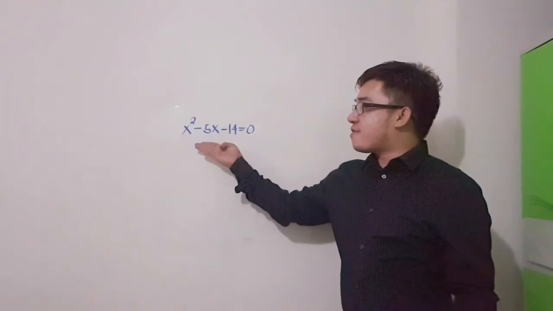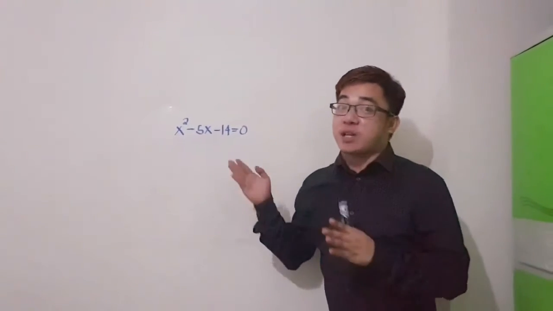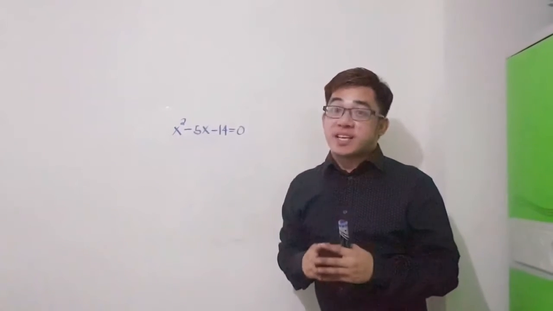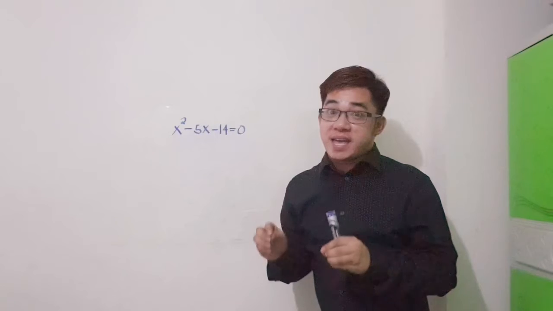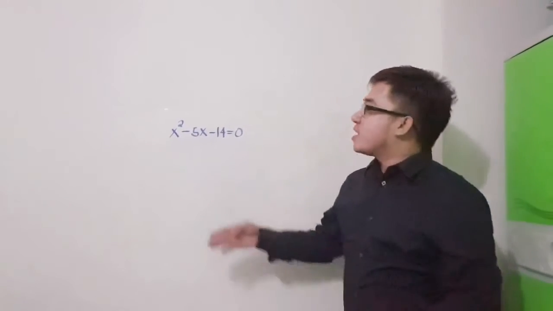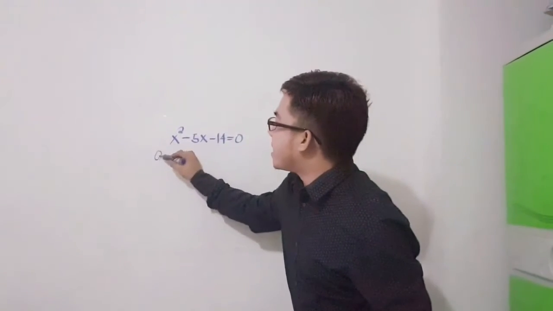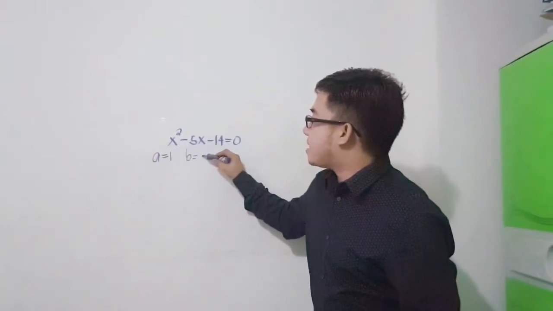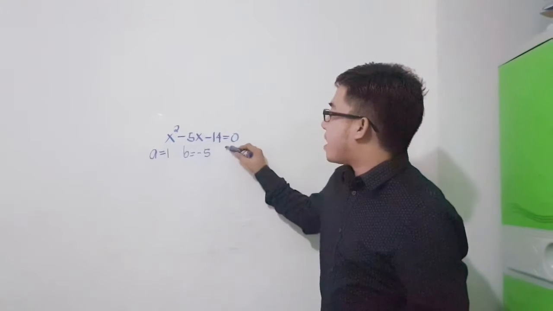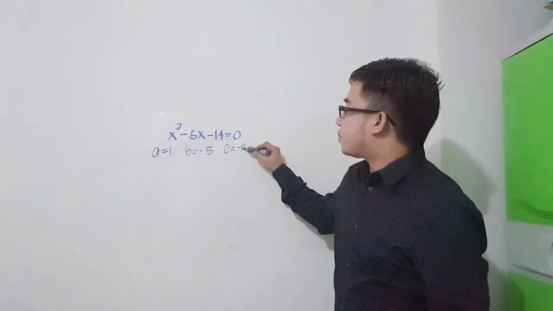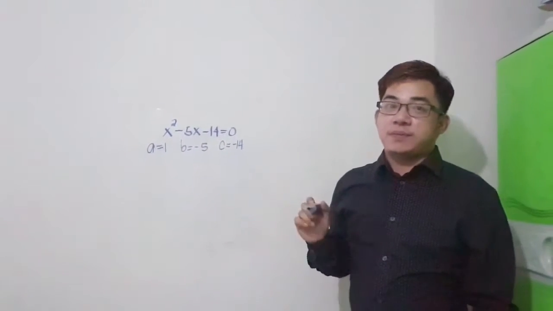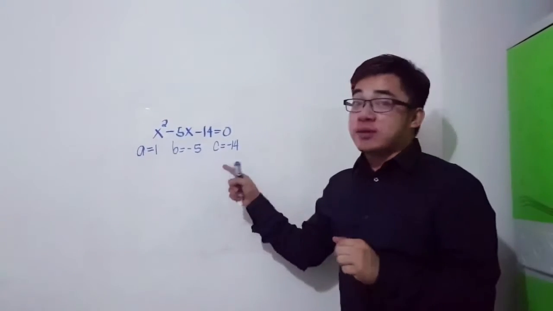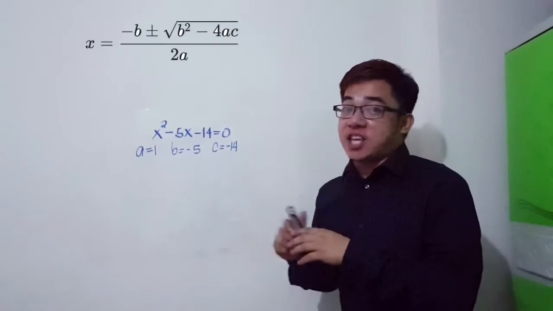x squared minus 5x minus 14 is equal to 0. Using the quadratic formula, it is very important to know the values of a, b, and c. In this given, the value of a is equal to 1, the value of b is equal to negative 5, and the value of c is equal to negative 14. After knowing the values of a, b, and c, substitute these values in the quadratic formula.